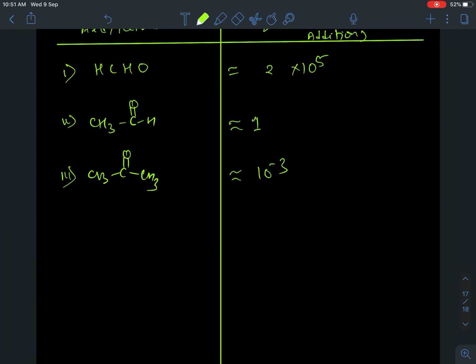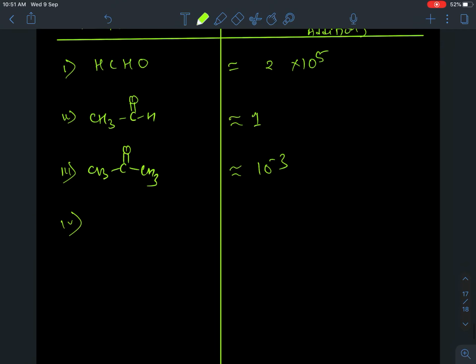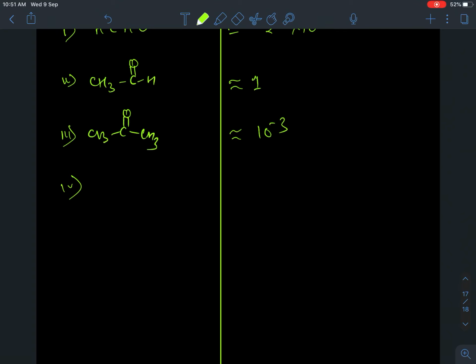So let us remove this. Let's go for the other. When I compare this with CF3, these values are close to 10 to the power 4 as I told you.